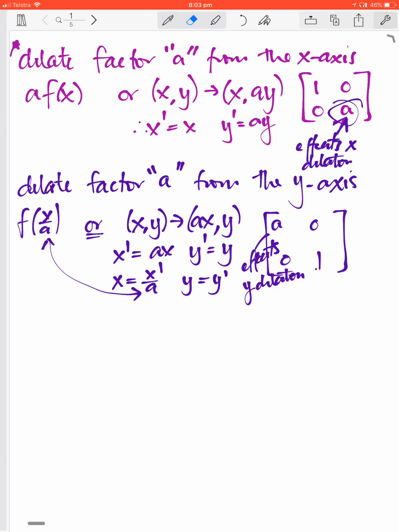Okay, lastly, you've got translations. Most of you would already get this. f of x minus b translates right b units.